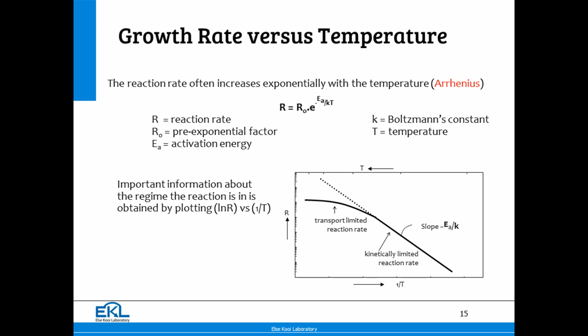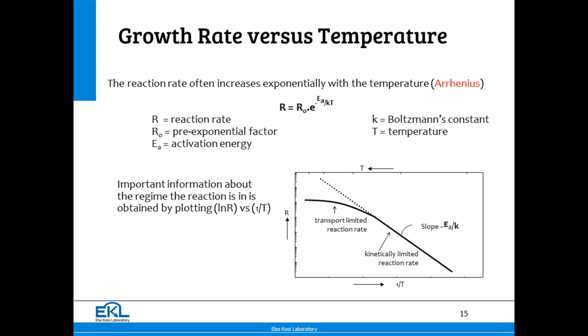This is not even so easy to understand, so I skip it here. It's rather complicated, but it makes a lot of sense to determine the EA for a specific reaction. And how do you do that? You plot 1 over T versus the logarithm of the growth rate, and the slope of the straight line you then get is minus EA over k.